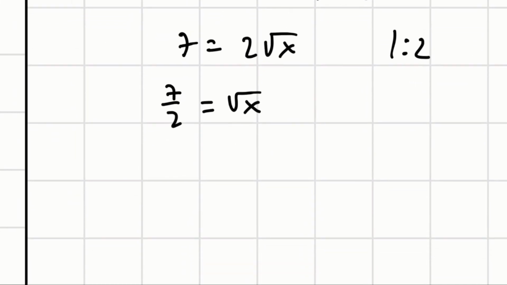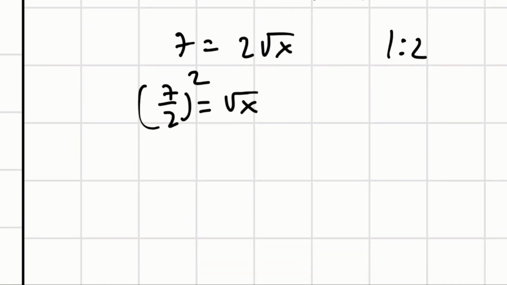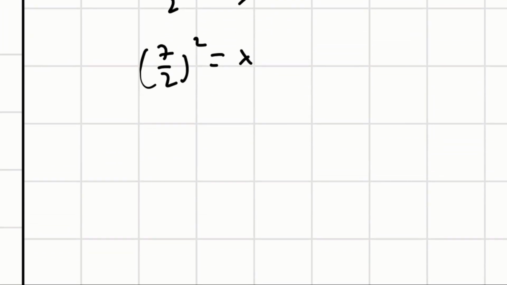We could just try to get rid of the root, and then we would get 7/2 squared equals x, which is nothing else than 49/4 equals x.